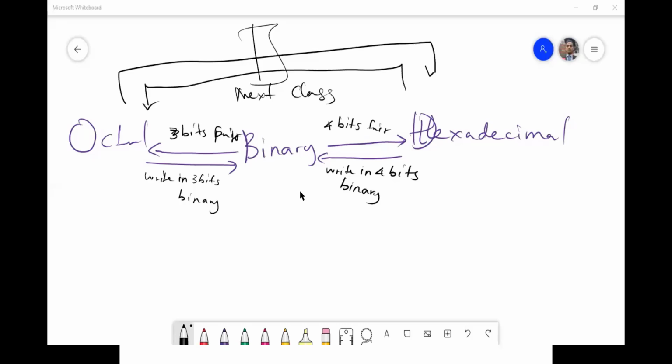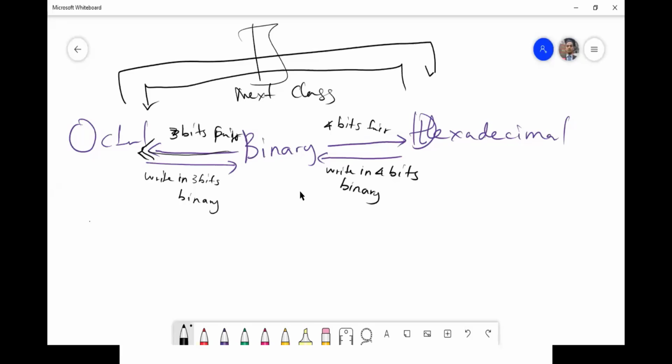Right. So in today's class, we discussed some previous class lectures, and today we started to discuss binary to octal and octal to binary, likewise binary to hexadecimal and hexadecimal to binary. If you want to convert from binary to octal, consider the binary as 3-bit groups.